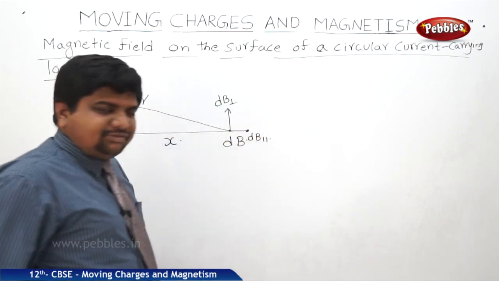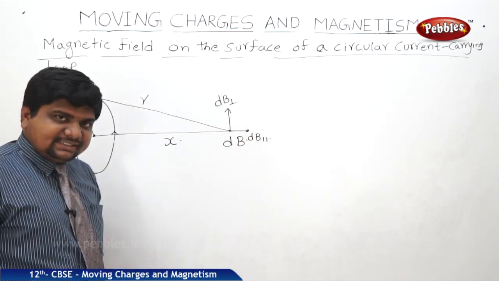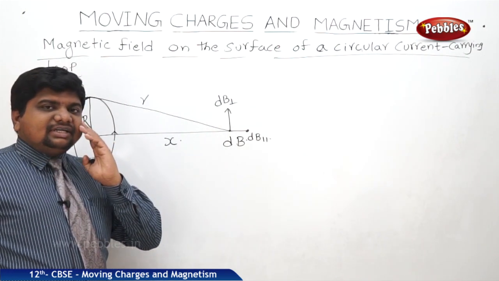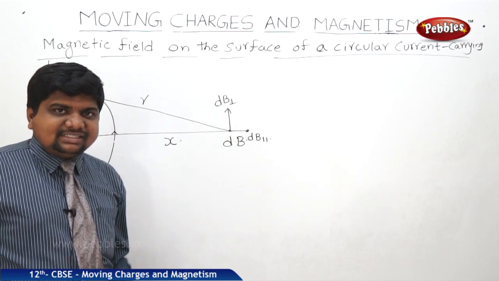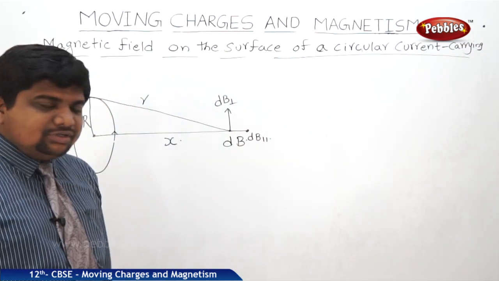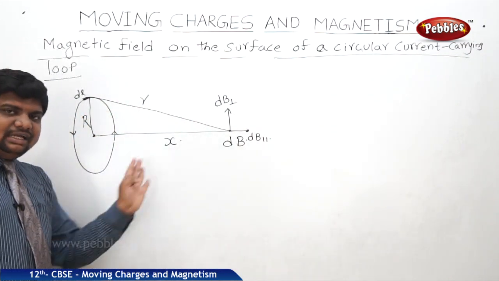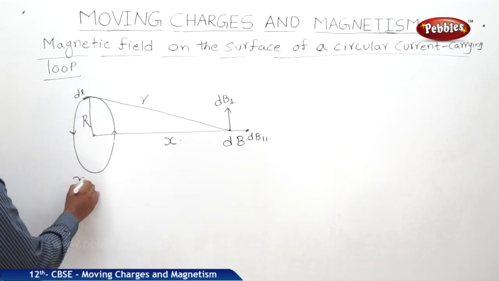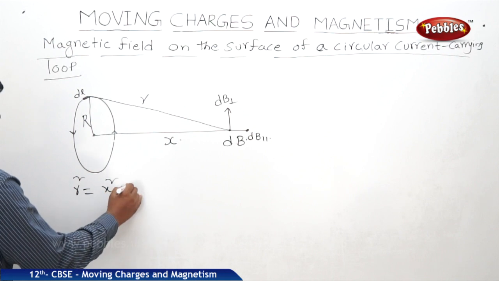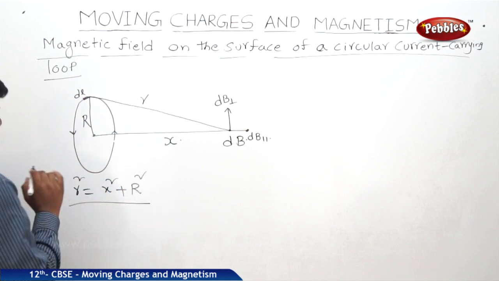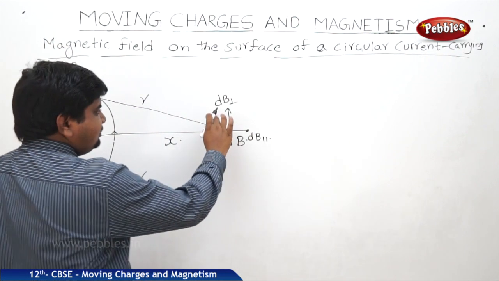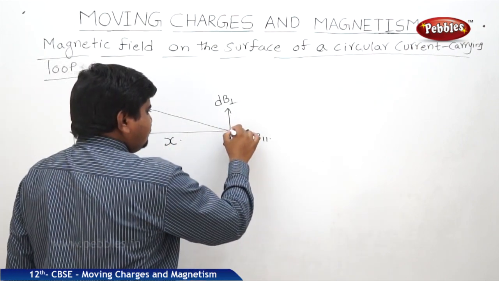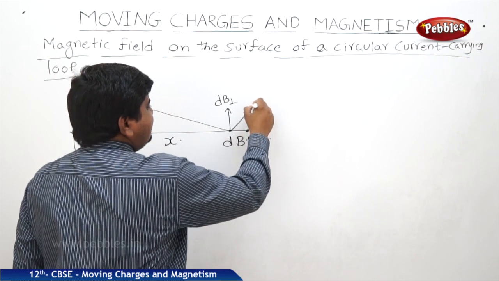There is an angle difference between the perpendicular and parallel components. The perpendicular components with respect to dl are going to cancel each other due to the symmetry. So we should find the components along the axis. So we can write r square is equal to x square plus r square. This is the perpendicular component of dB, this is the parallel component of dB. They are separated by an angle theta.